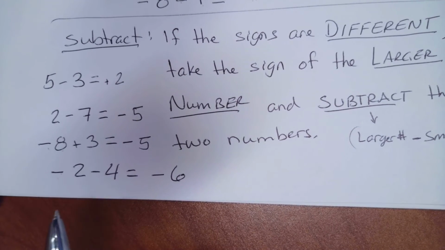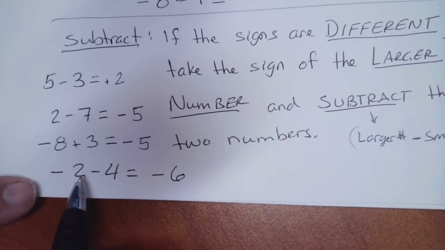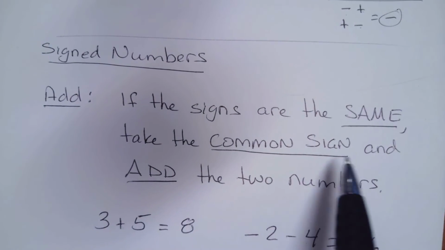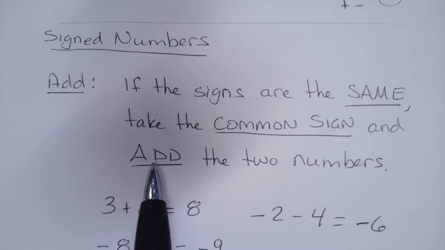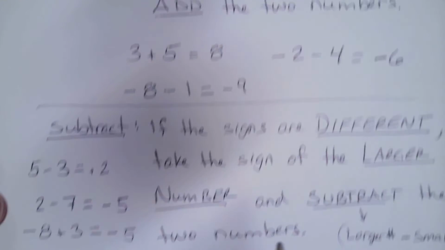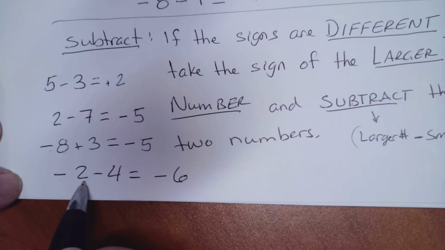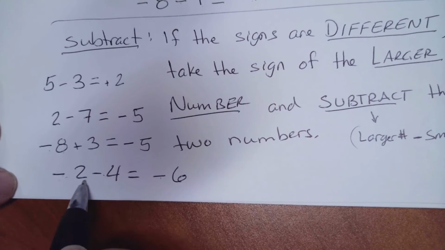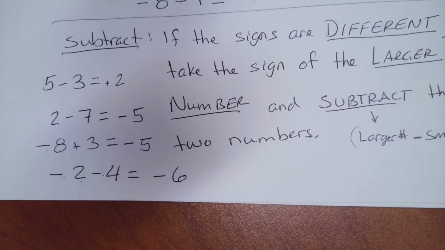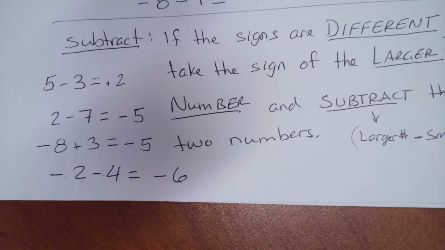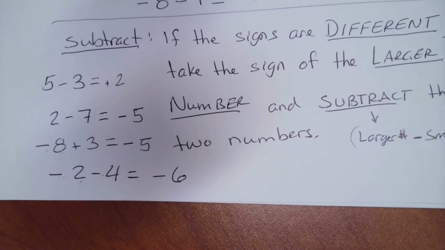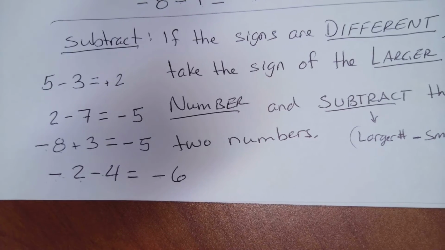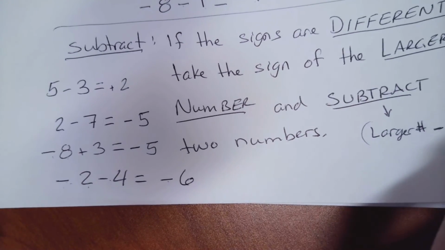That's a trick question, I know. If the signs are the same, what do you do? You add the numbers. So, since they're both negatives, 2 plus 4 is 6. How many of y'all fell for it? Who put negative 2 down? Okay, who's afraid to say negative 2? But that's the rules for there.